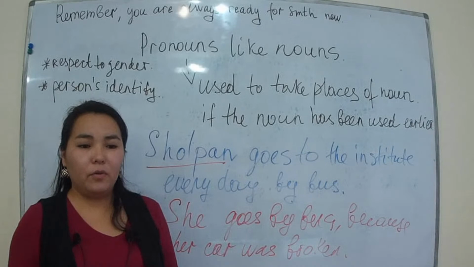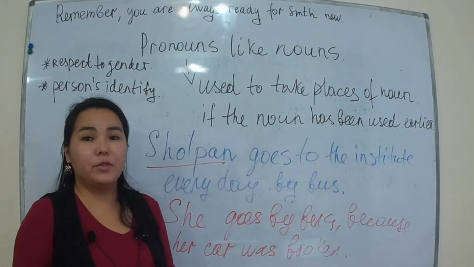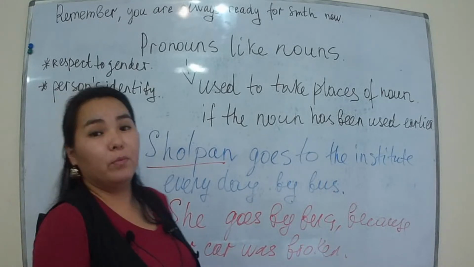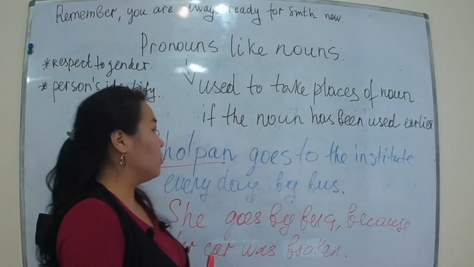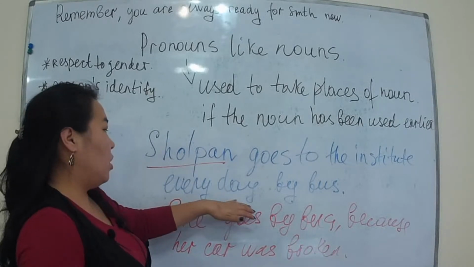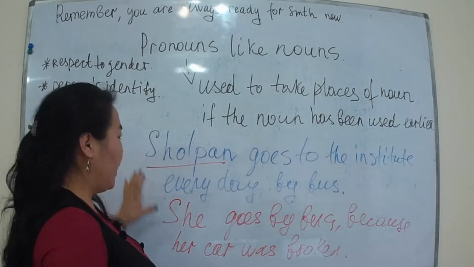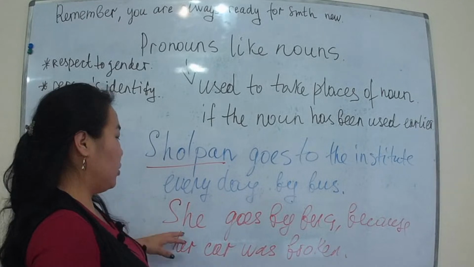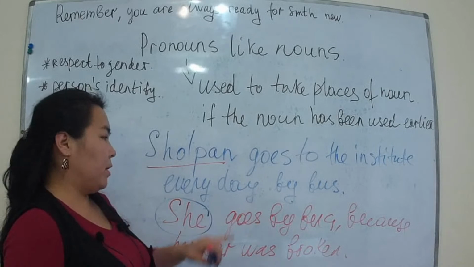I think that everyone has already learned about pronouns from your copybooks, from your school, from the lessons of the English language school. So, now here you can see how we use it. Chopin goes to the institute every day by bus. Here we have the noun Chopin, and in the second sentence, we use the pronoun, as you see. She goes by bus because her car was broken.